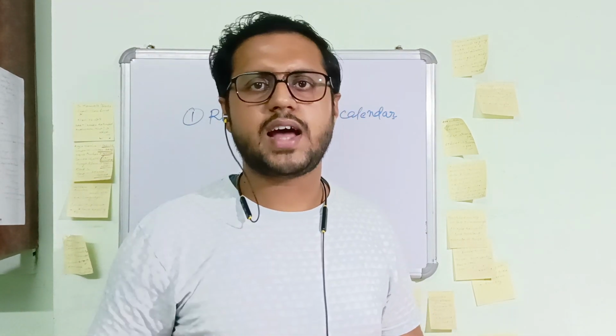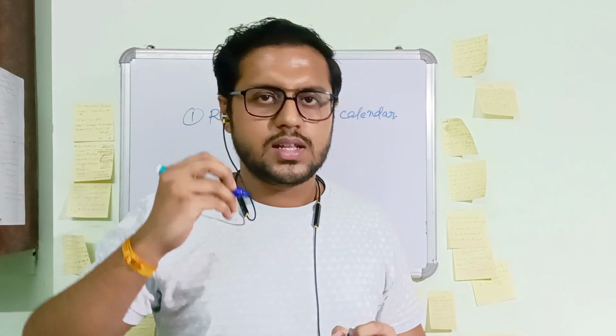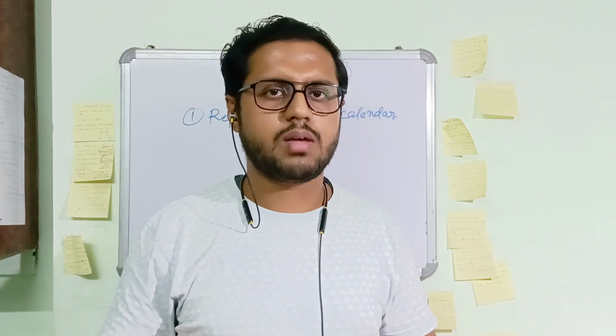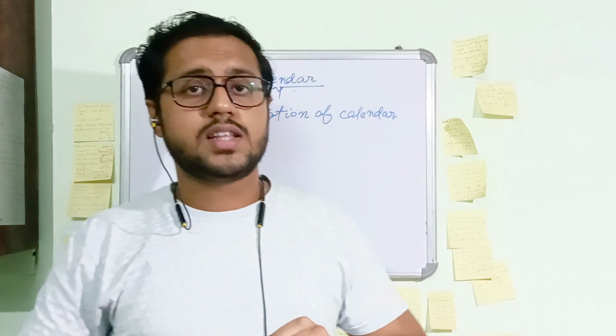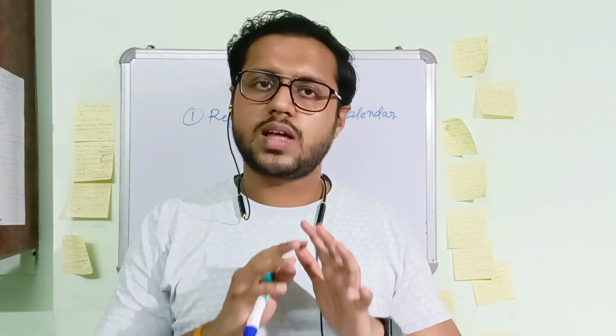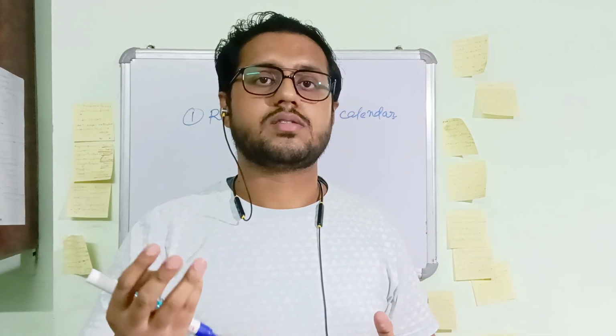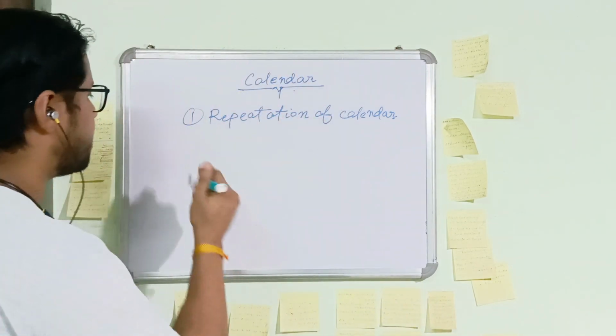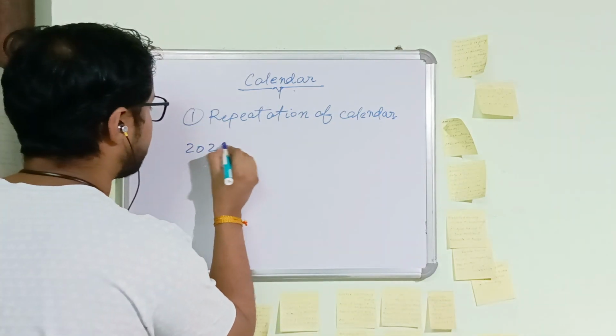Can you tell me after how many years the same year will repeat? Same year means that the days are similar, everything is similar. After how many years will 2023 repeat? So let's take the example of 2023.